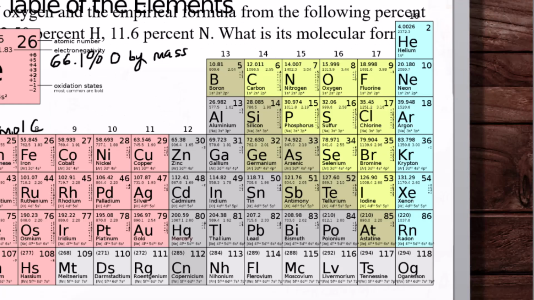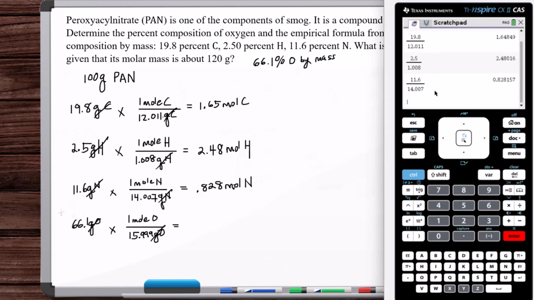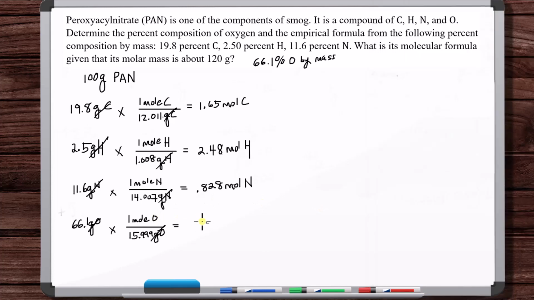The molar mass of oxygen, 15.999. That gives 4.13 moles.